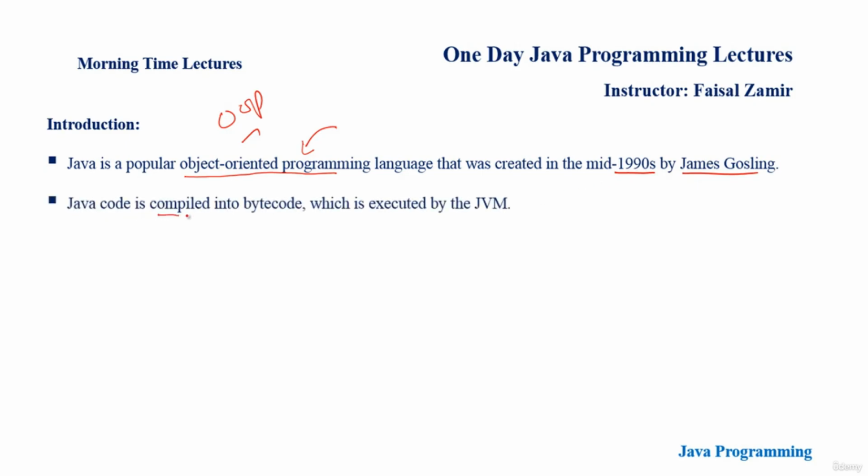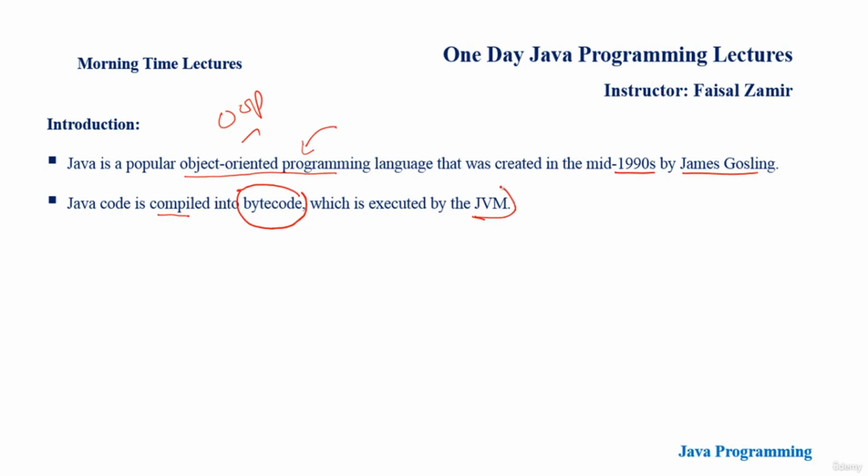Java code is compiled. At first, you know that a compiler is used to compile Java source code into bytecode. Bytecode is a format the compiler converts your Java source code into. That bytecode is executed by the JVM, the Java Virtual Machine.